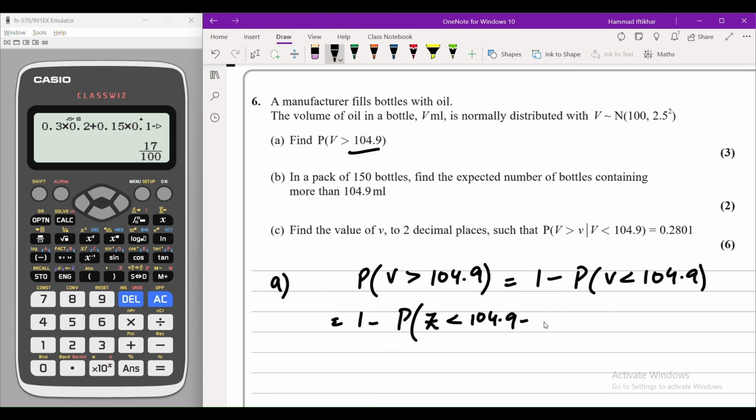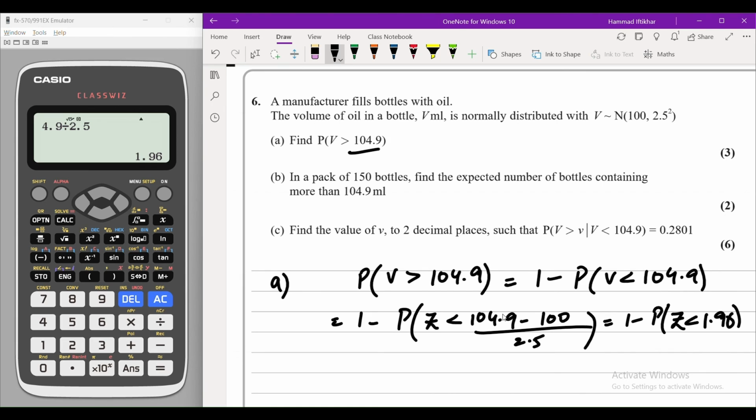104.9 minus 100 divided by 2.5. So 4.9 basically divided by 2.5, that is 1.96. 1 minus the probability of Z less than 1.96.